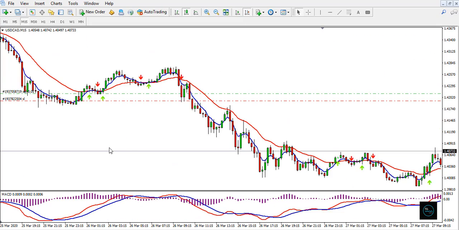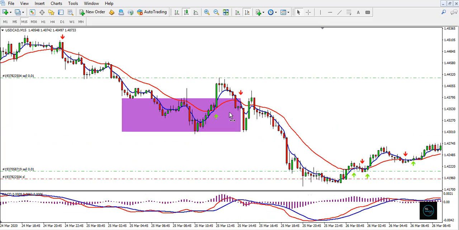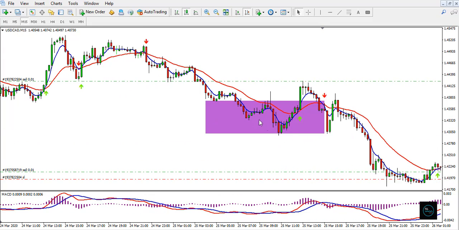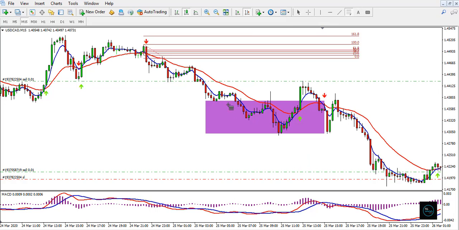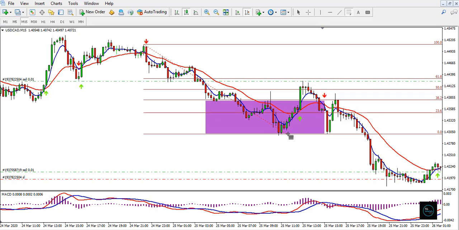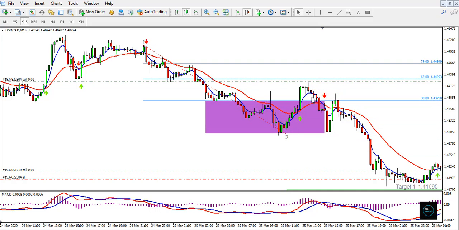Alright, this is the 15-minute chart here. When I came to this chart, the market was in this region. So what I did was I took a retracement value from here to this point, and you can see the 62% region here. I placed an entry limit sell order here, just below the 62%.